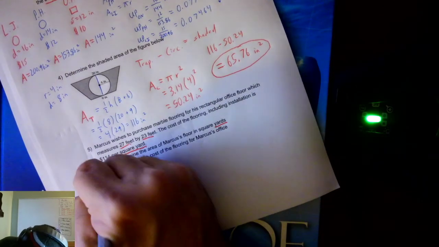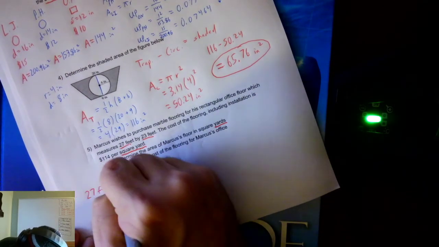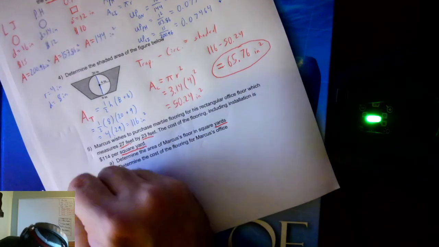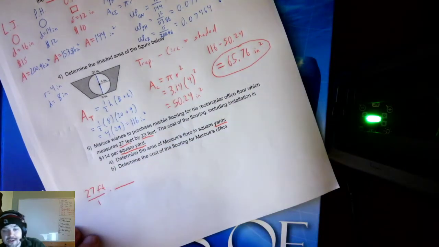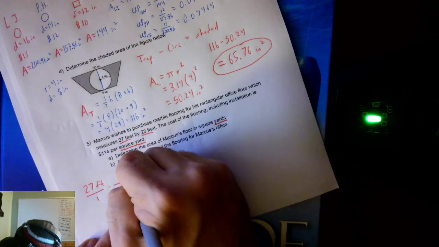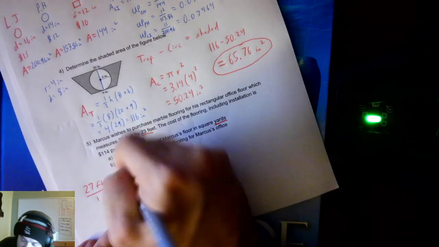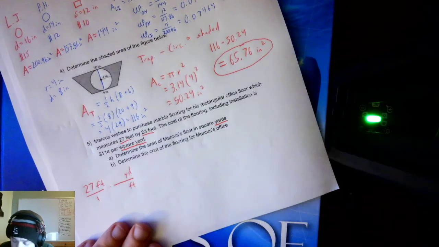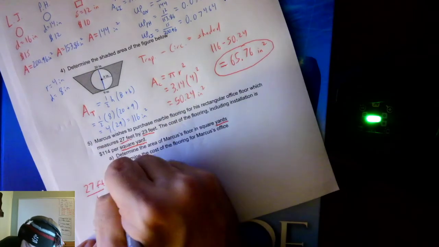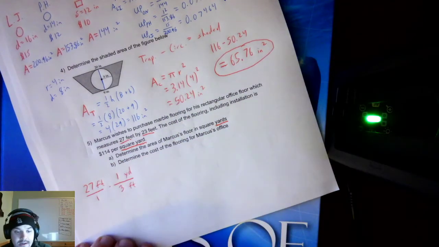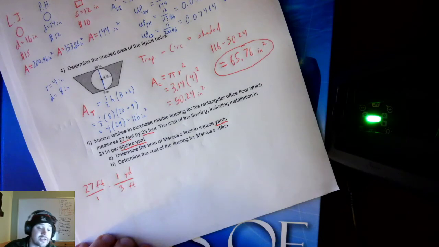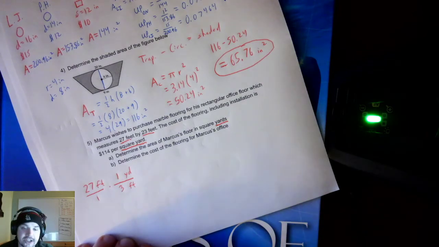I have 27 feet, and I want to convert it to yards. Remember, to convert, we put our unit fractions. We want to cancel feet, and we want to get yards. So 1 yard is 3 feet. Remember, if you need to remind yourself of the conversions, look back at chapter 7.